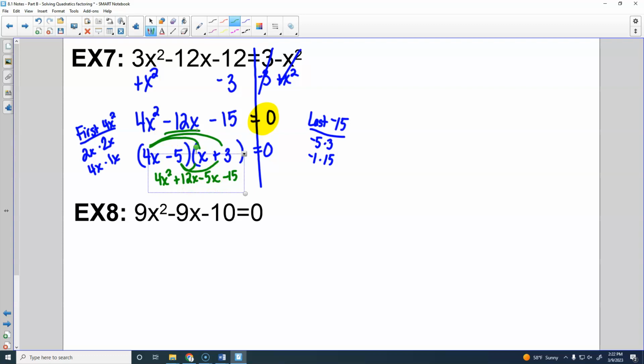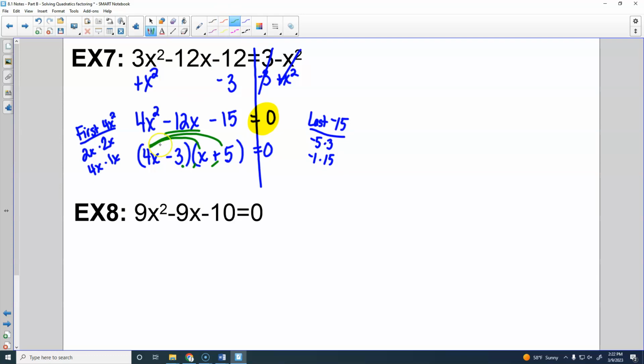So, before we give up on those terms, let's try switching the 5 and the 3. Let's put the 3 here and the 5 here. Not going to work either.